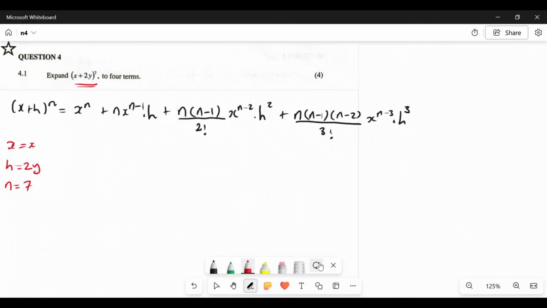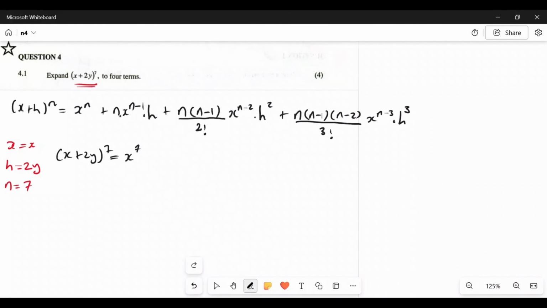So if we write this equation there, we have (x + 2y) to the power of 7. The first term, we have x to the power of n. x is x here, so it's going to be x. n is 7, so we're going to write 7 then. That's the first term, right?